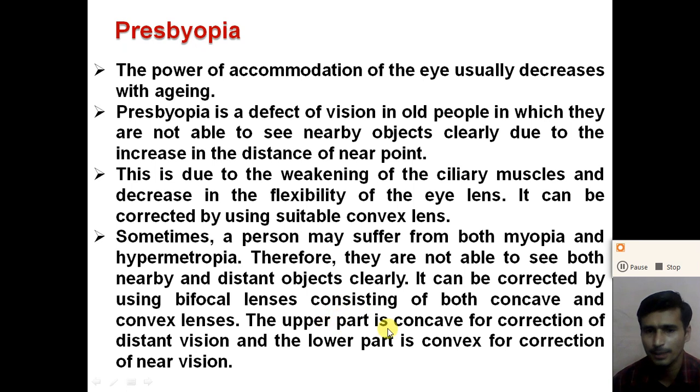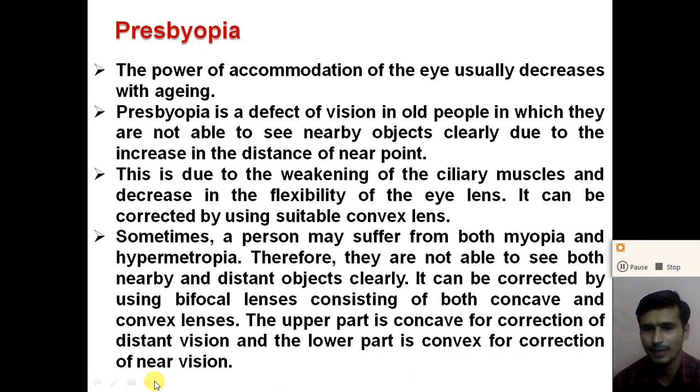The upper part of the lens is concave for the correction of distant vision, and the lower part is convex for the correction of near vision. So the bifocal lens consists of both the concave lens as well as the convex lens.